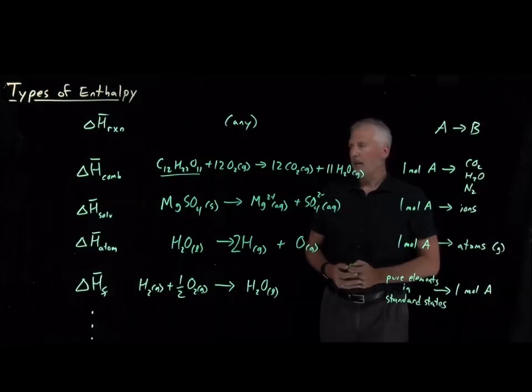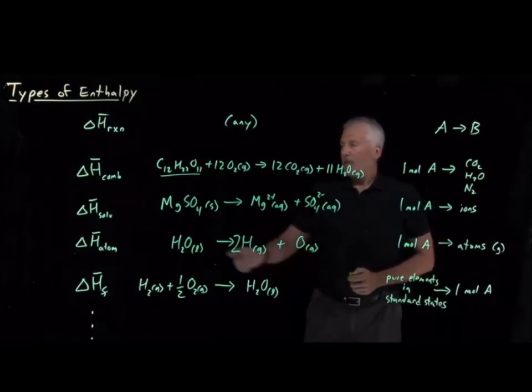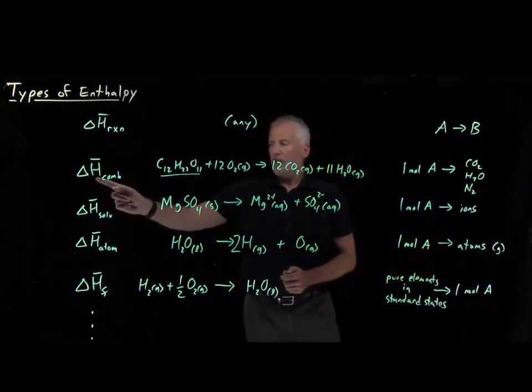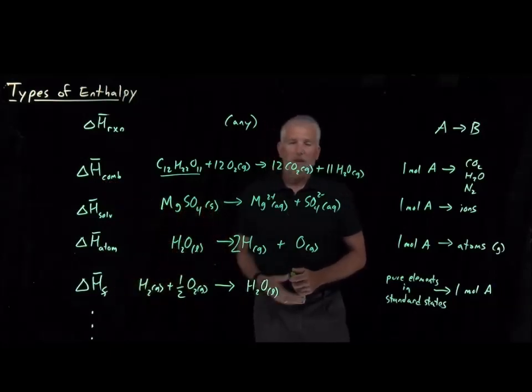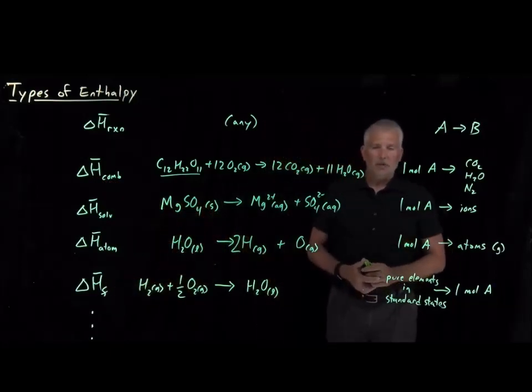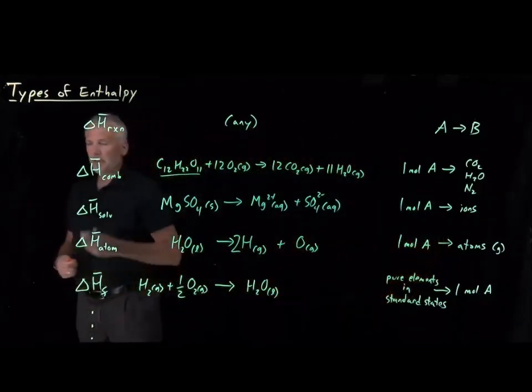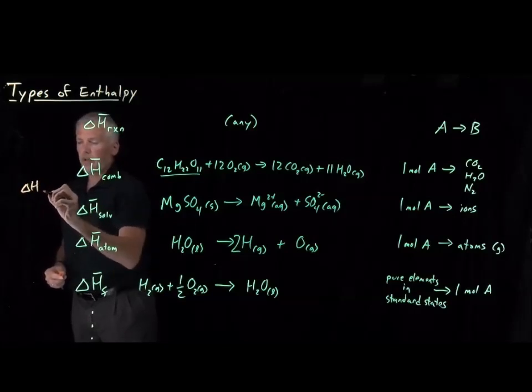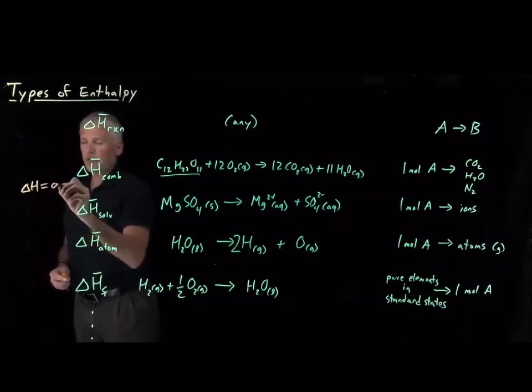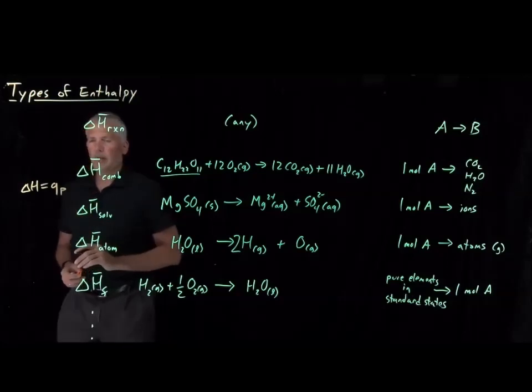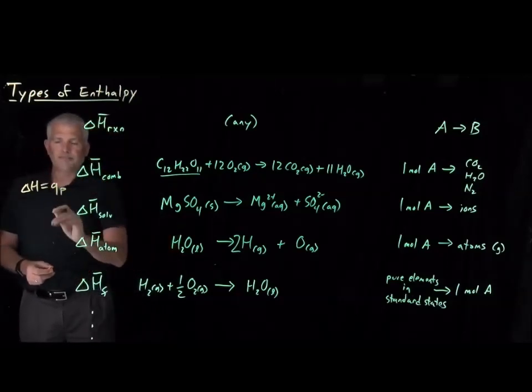And also, I'll point out that while I've been calling these delta H's of combustion or enthalpies of formation, it's also very common to hear these referred to as heats of formation or heats of combustion or heats of solvation. The reason that's true, of course, is we know that the enthalpy change for a process is equal to the heat whenever the pressure is constant.